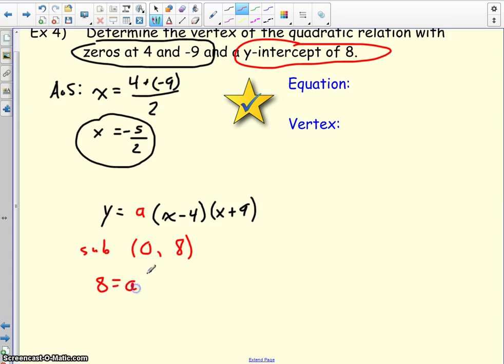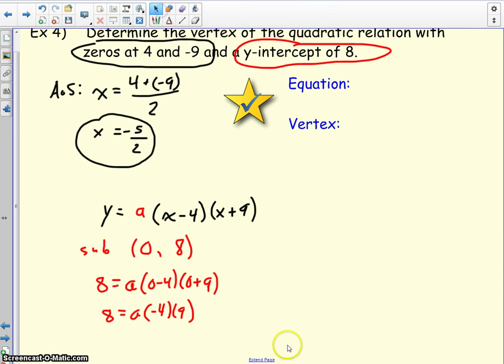So that is going to give me 0 minus 4 and 0 plus 9. So simplifying here, I'm going to get negative 4, positive 9, and a little bit of simplification.